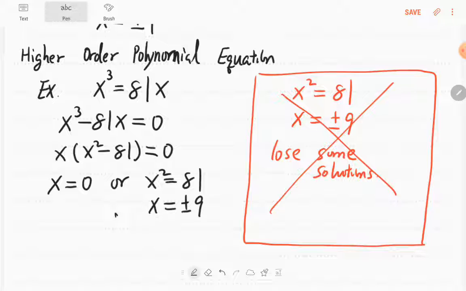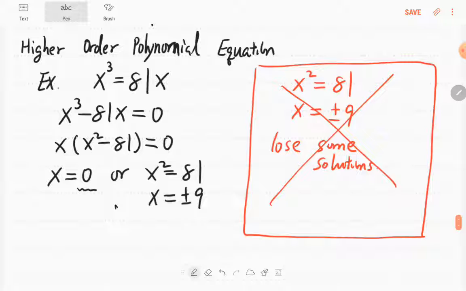So you can see now we have 3 roots, right? 0 and plus or minus 9. At last you will have x equals 0, x equals 9, x equals negative 9. You have 3 solutions. So keep in mind, don't divide by a variable on both sides of an equation. Otherwise, you will lose some solutions.